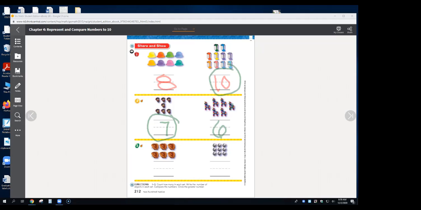All right, Sadie, how many gloves did you count? I count 1, 2, 3, 4, 5, 6. 6 gloves. Thank you, Sadie. Let's ask Desmond, how many baseballs do we have?